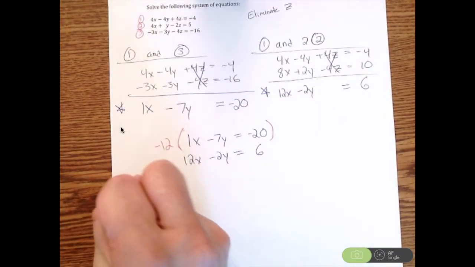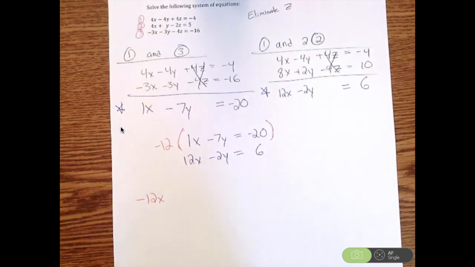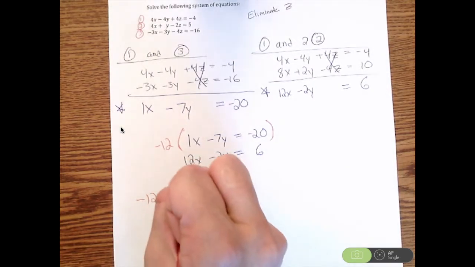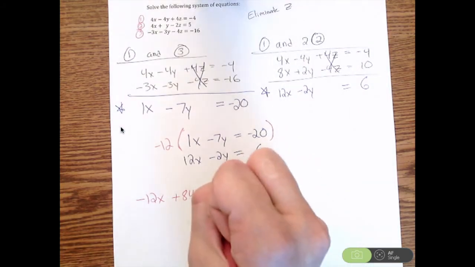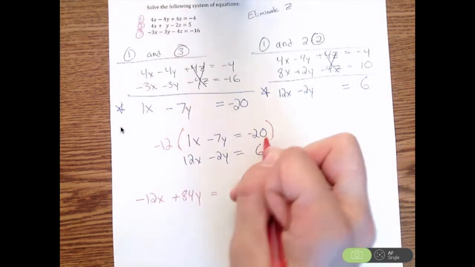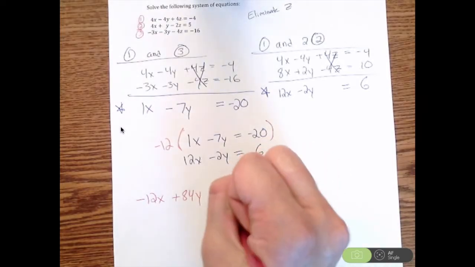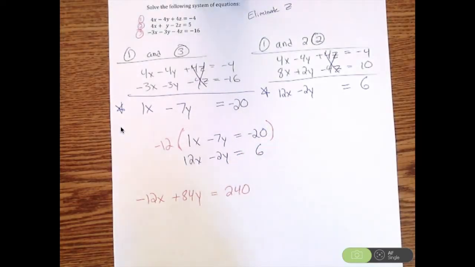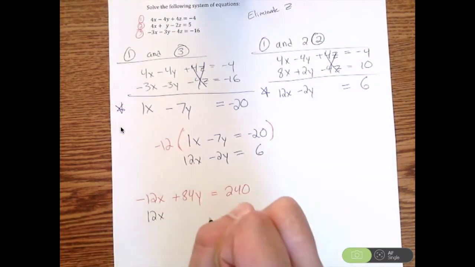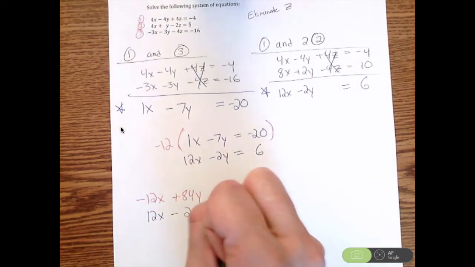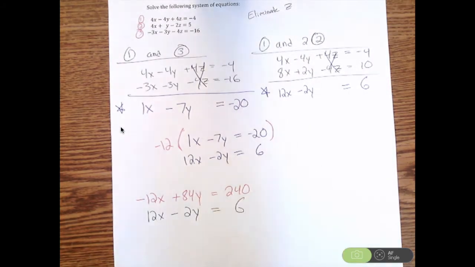I'm going to have negative 12x plus 84y equals, now negative 12 times negative 20, I'm going to get 240. Since I didn't change my second equation, I'm just going to rewrite that. So I have 12x minus 2y equals 6.